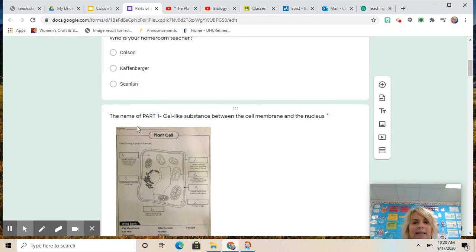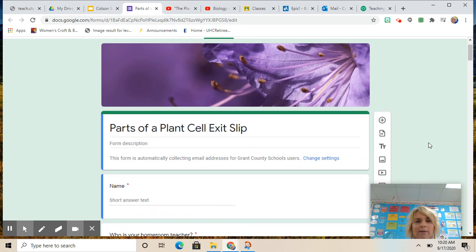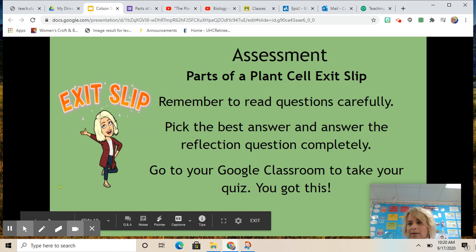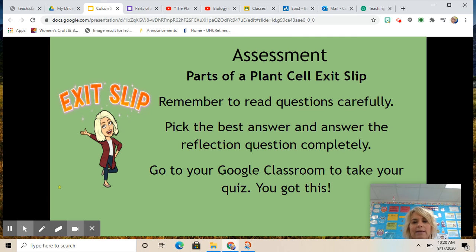It's going to have the same picture we've already been talking about. It's just going to ask you about the parts, and you're just going to pick the correct answer. So that's not going to be any surprise. That's why we're practicing right now during our lesson with labeling the plant cell. Okay, so at Google Classroom time, bring your notebook, and I'll see you soon.